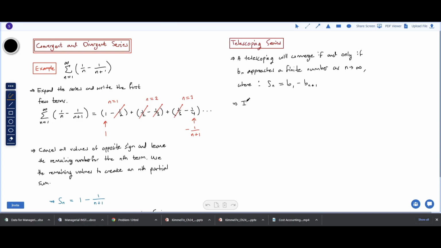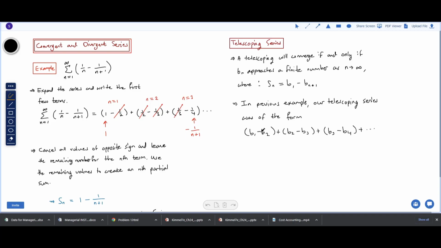So we'll say in the previous example, our telescoping series was of the form b1 minus b2 plus b2 minus b3 plus b3 minus b4 plus ..., right?